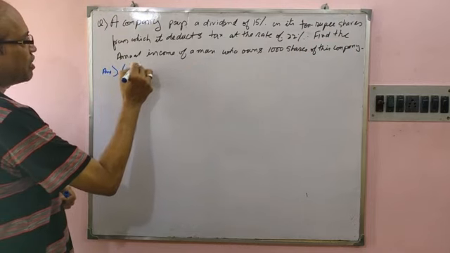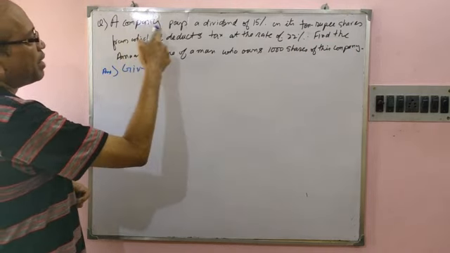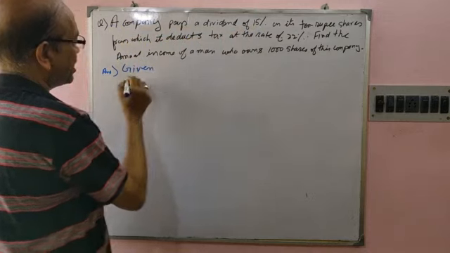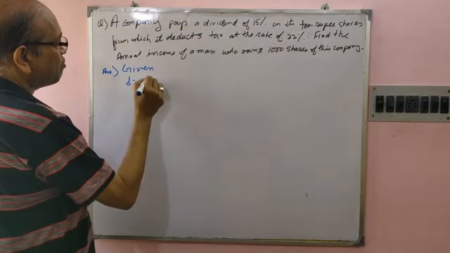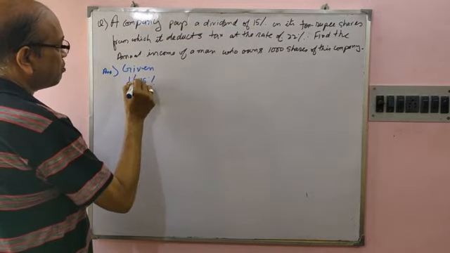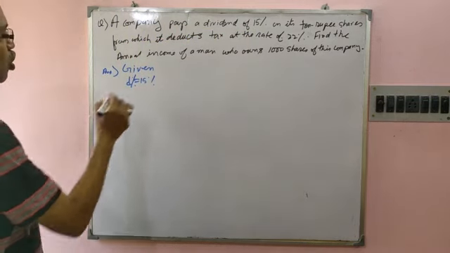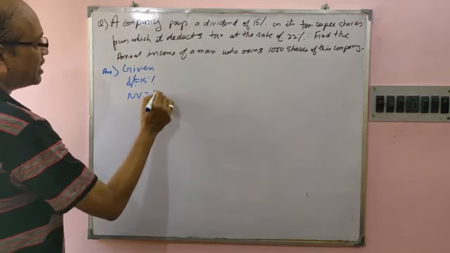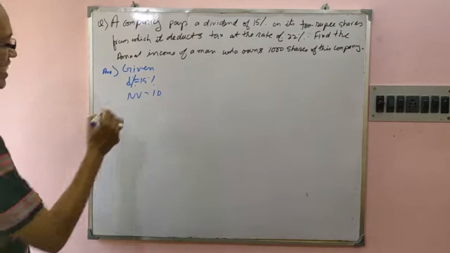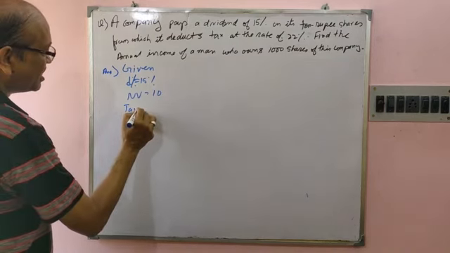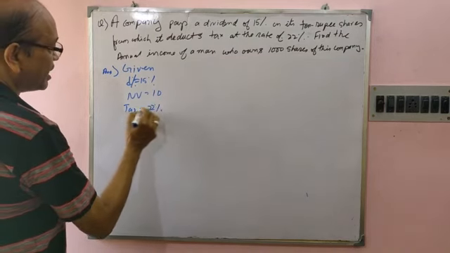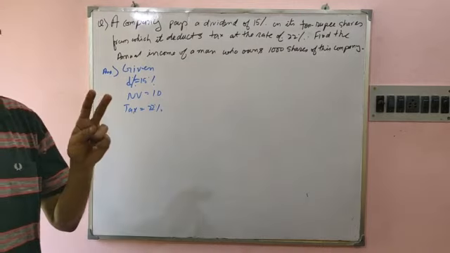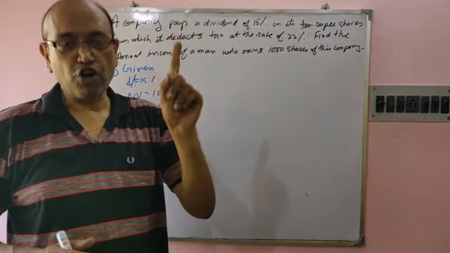Answer. What is given? Company pays dividend. D% is 15%. Nominal value is 10. Tax is 22%. Again I said percentage is always with 'of'.